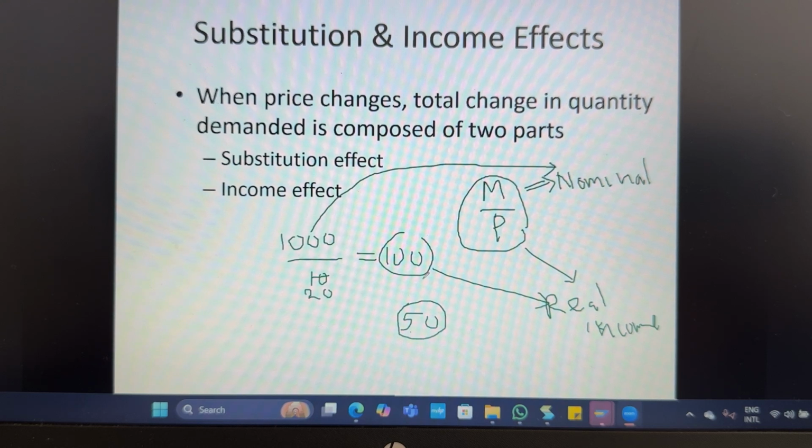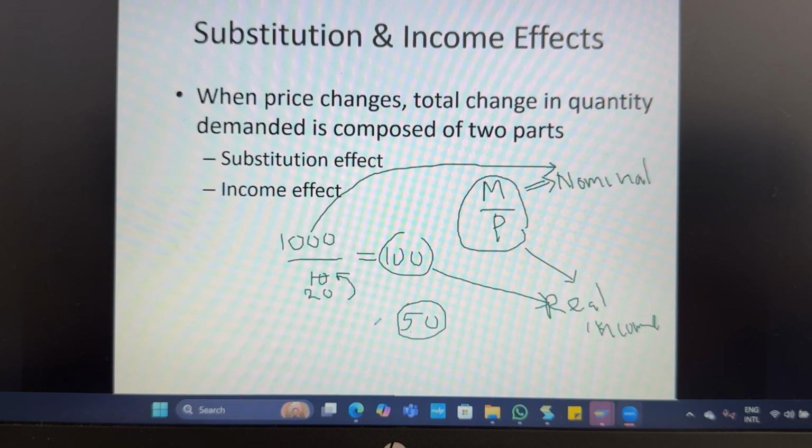If 100 becomes 50, people may be shouting or putting pressure on the government. In order to compensate, what are workers and employees asking from the government? They are asking two things. Either you bring the price to the previous level, 20 to 10, or else you increase the salary.